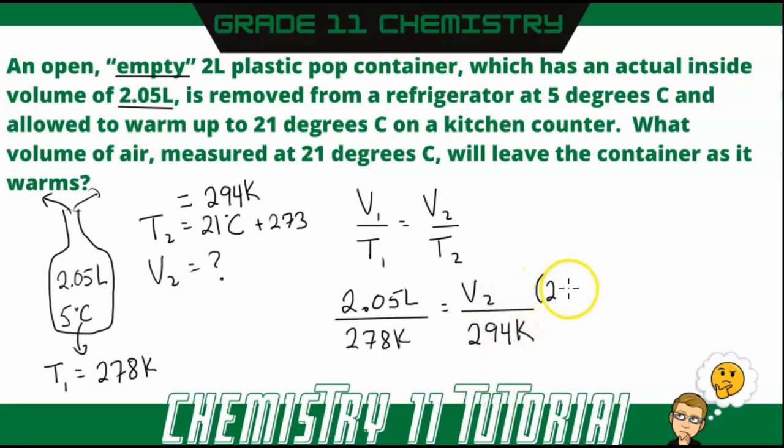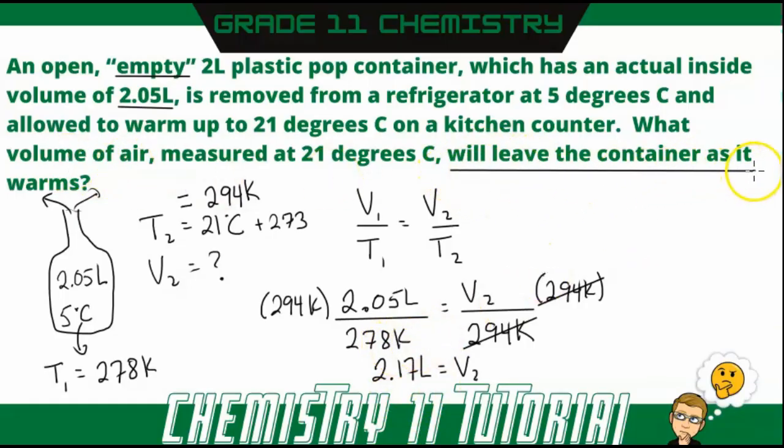We multiply both sides by 294 Kelvin so that they cancel here, and the other side as well, 294 Kelvin. Now we can put that into our calculator and we will get V2 to be 2.17 liters. Now here's where the tricky part in this question comes from, because it wants to know what volume of air will leave the container.